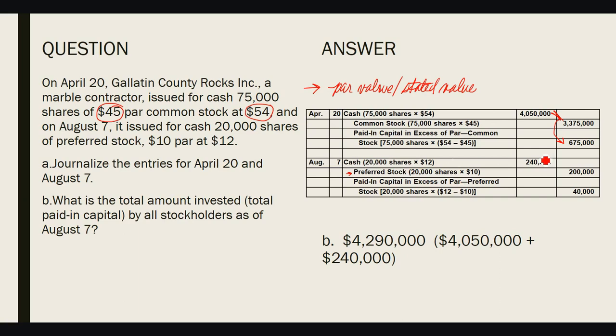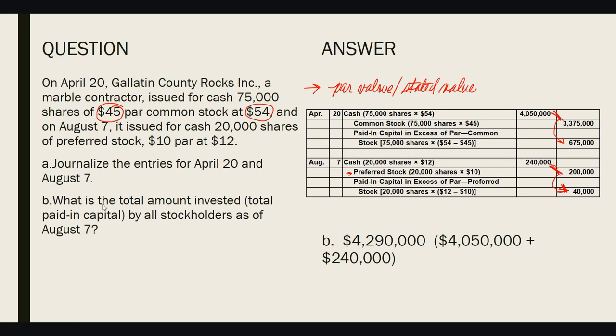That's great. We list that as the cash that was received, $240,000. However, remember that preferred stock must be listed at its par value. So 20,000 times its par value is 200,000. The difference between the two is saved, recorded, and stored in the PIC account, paid in capital in excess of par preferred stock.